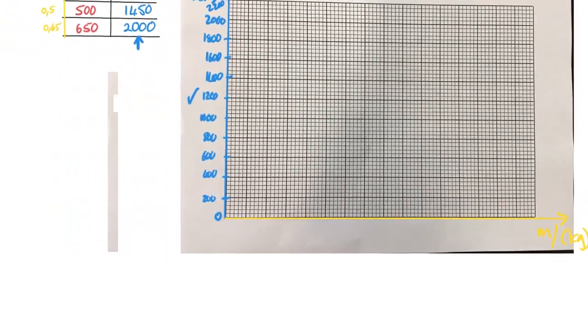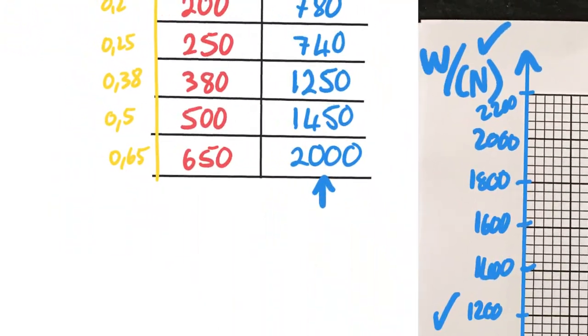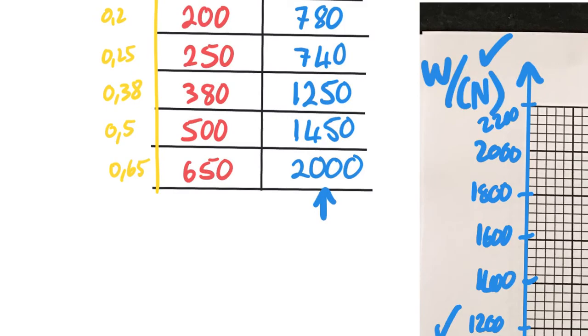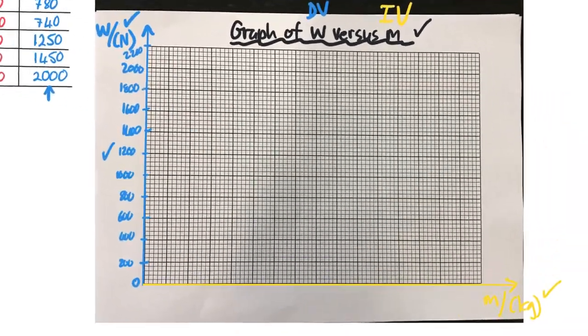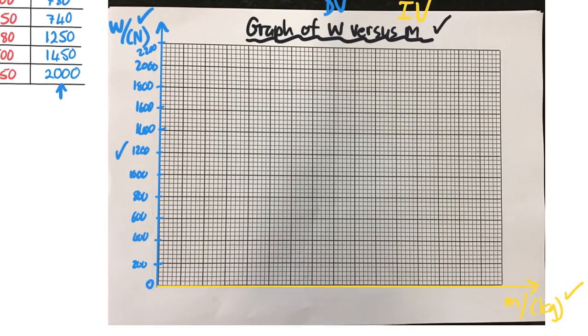We need to represent up to 0.65, right, which means we can have a big scale. What I mean by that is 1 unit can represent a large value of the quantity we're representing, which in actual fact is a small scale, because 1 over a big number is actually small.